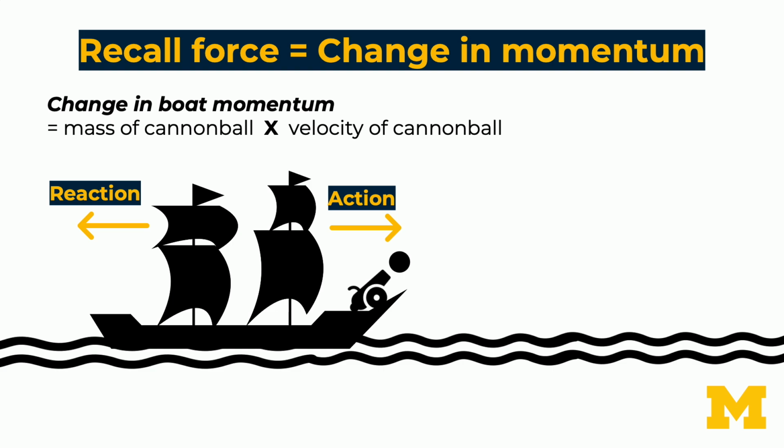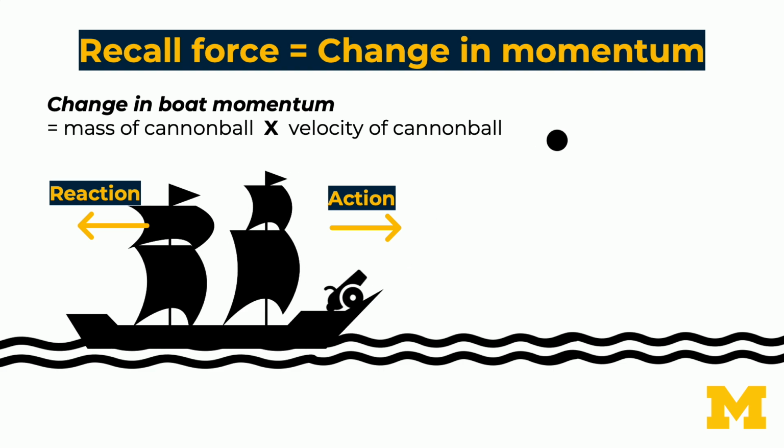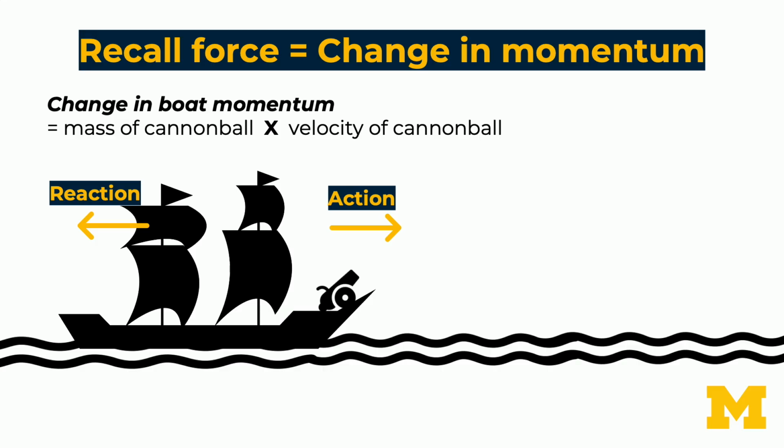When a cannon shoots a cannonball, the cannonball moves in one direction and the boat moves in the other direction, because the cannonball is the action and the boat is the reaction. So the cannonball moves in one direction, the boat moves in the other.